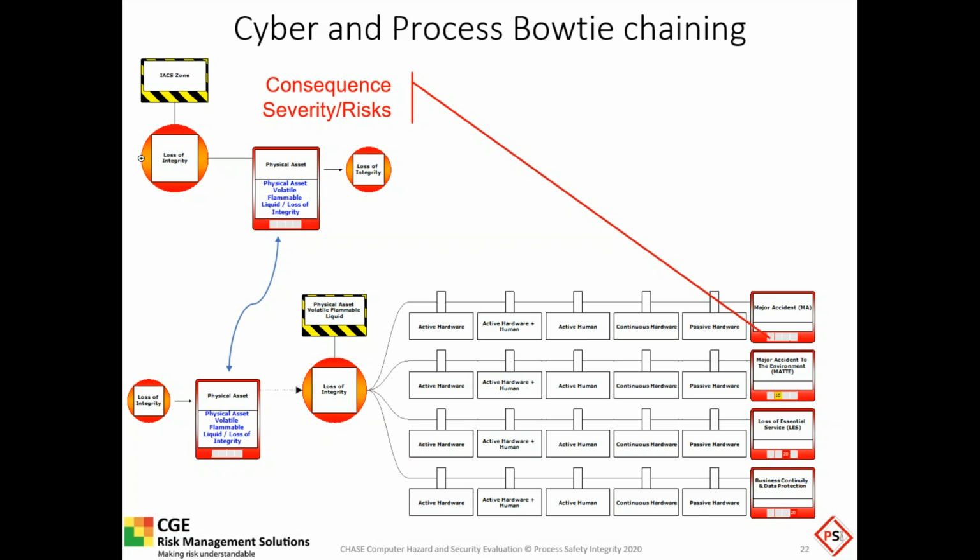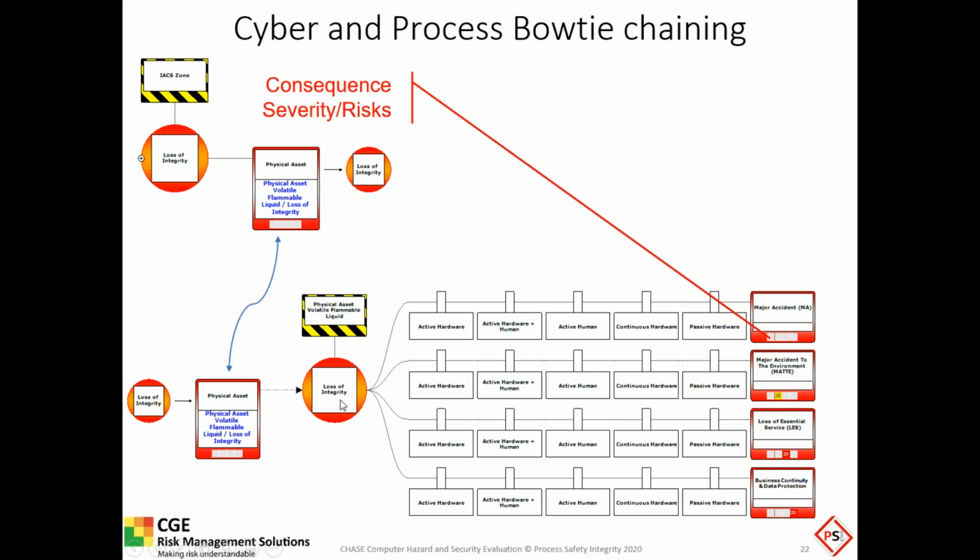Moving forward from your logical bow ties into your physical bow ties, so effectively a breach or a loss of control from your logical bow tie, your industrial automation control system, the consequence of that may become a threat to a physical bow tie.